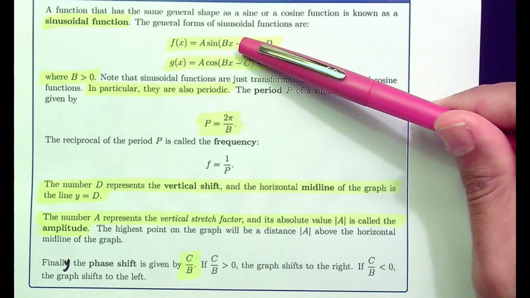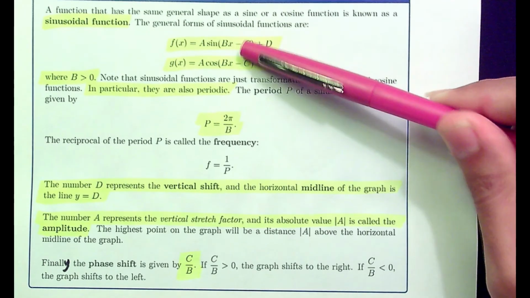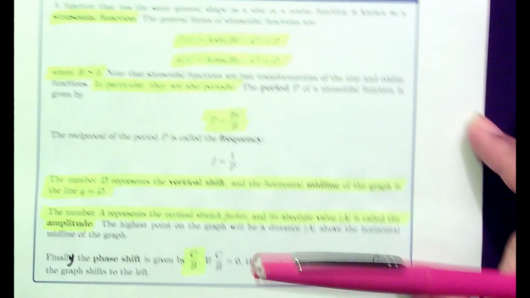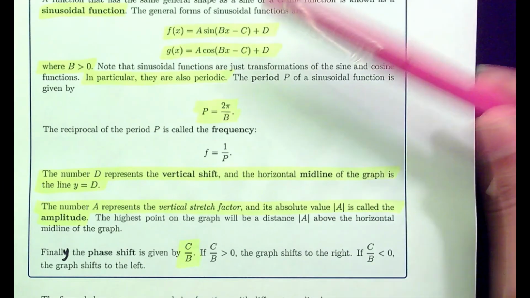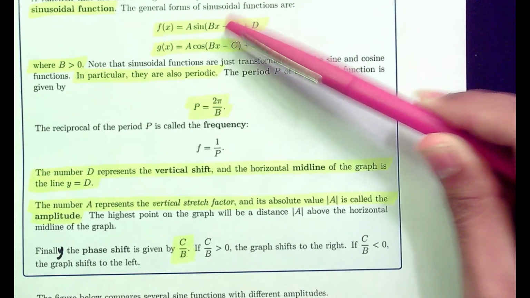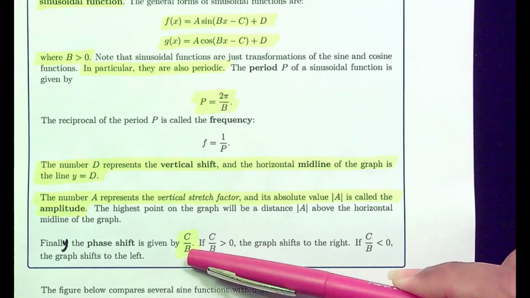If you see a minus, it's going to be a positive. If you see a plus here, if you see plus C, you're going to put minus C over B. All right, it's the opposite of the sign that is in here. This is a minus C, so I'm going to put here positive C over B.